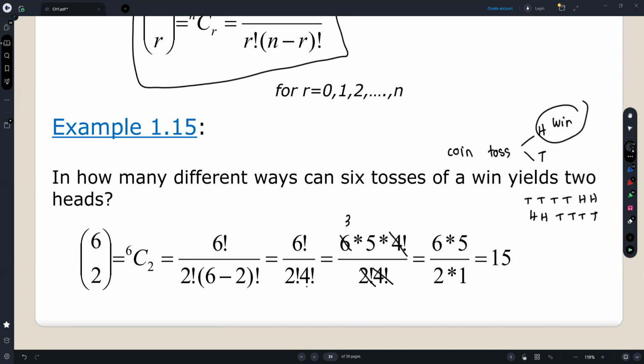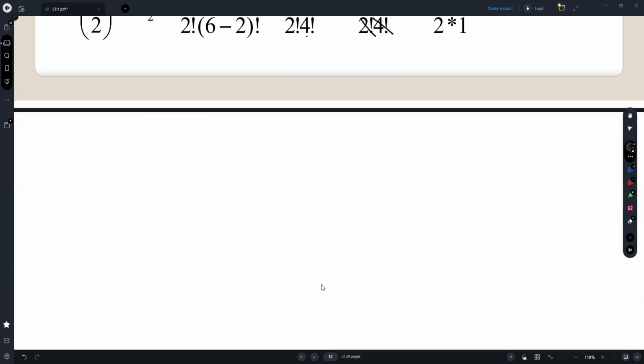Right. Let's try another example. Try this one. Suppose there is a group of 7, say, members of a society, right?